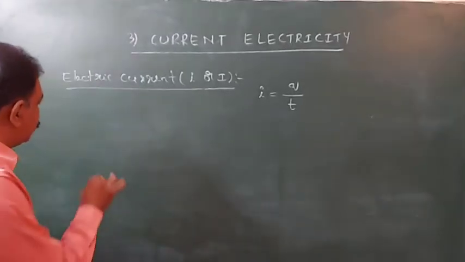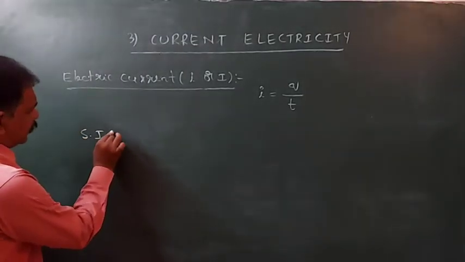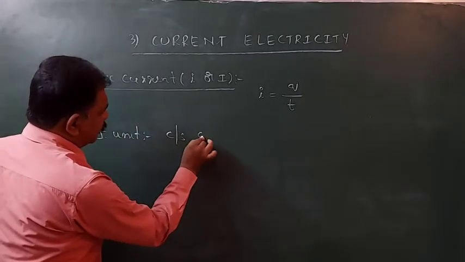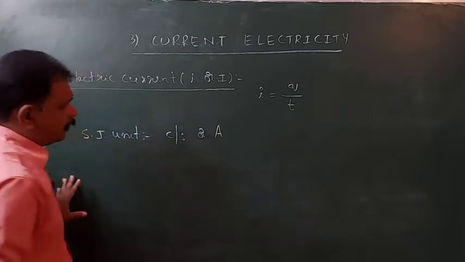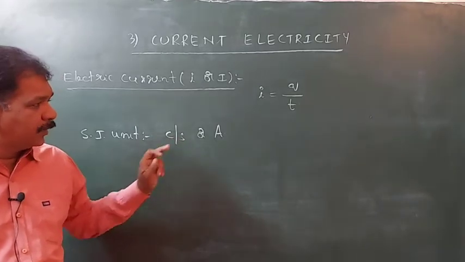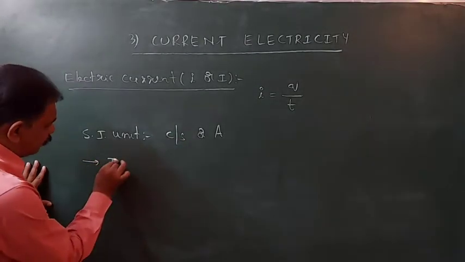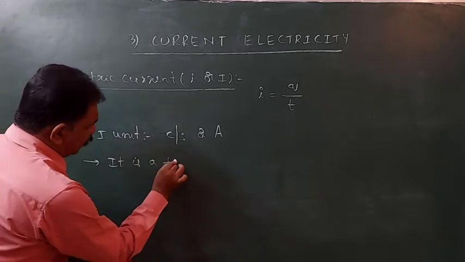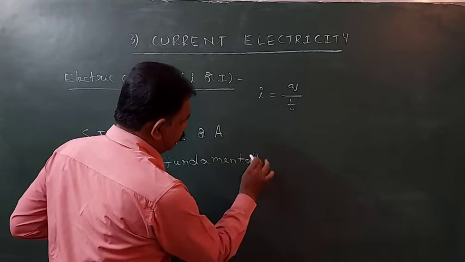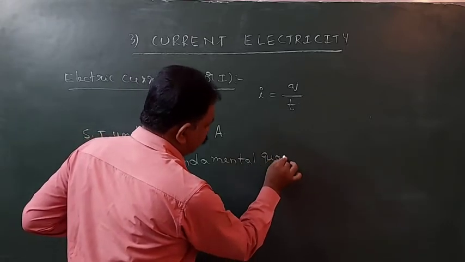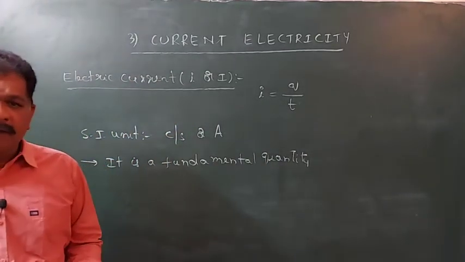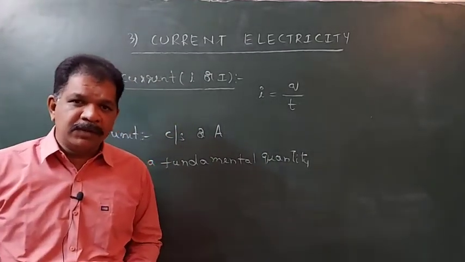The SI unit for this will be Coulomb per second or ampere. SI unit will be ampere, or we can write Coulomb per second. It is a fundamental quantity. So in physics, totally 7 fundamental quantities and 2 supplementary quantities will be there.